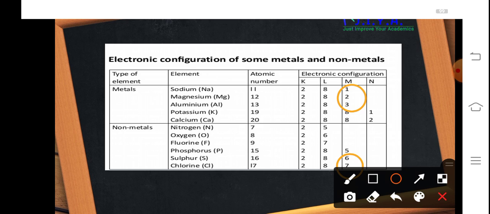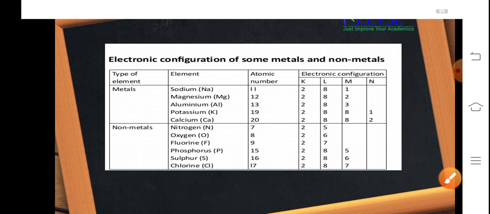Magnesium will have a tendency to donate these 2 electrons because it is a metal, and will have an outermost configuration of 8. Similarly, chlorine will also attain the outermost configuration of 8 by gaining this electron from the magnesium. So let us see how magnesium chloride is formed.